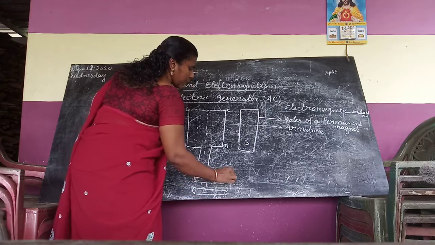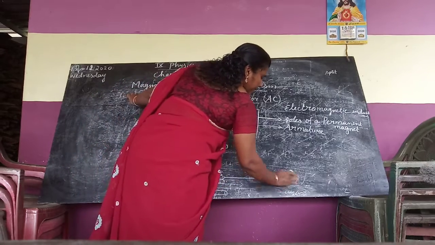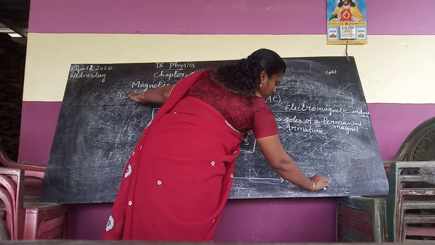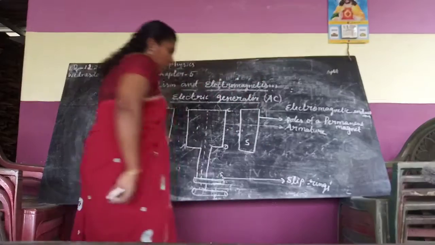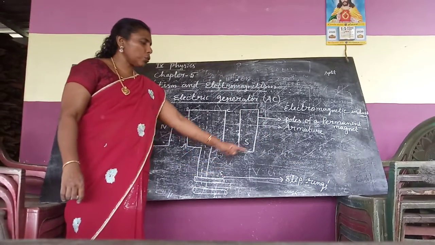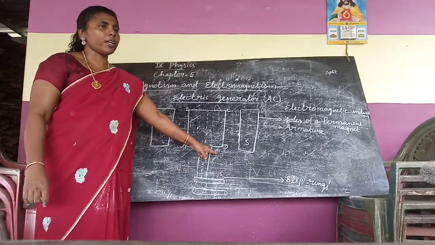Two slip rings. These rings are called slip rings. So listen, two slip rings S1 and S2 are attached at the ends of this rectangular coil.